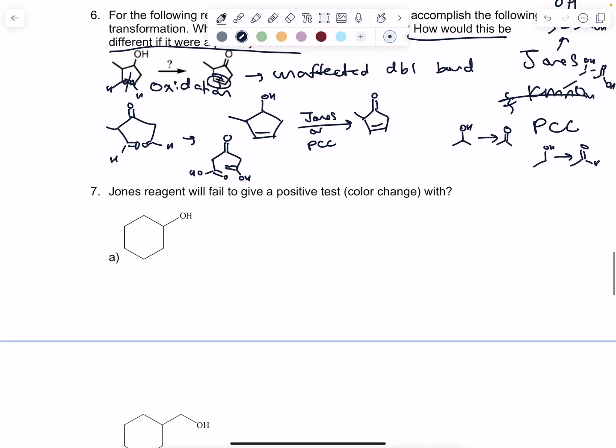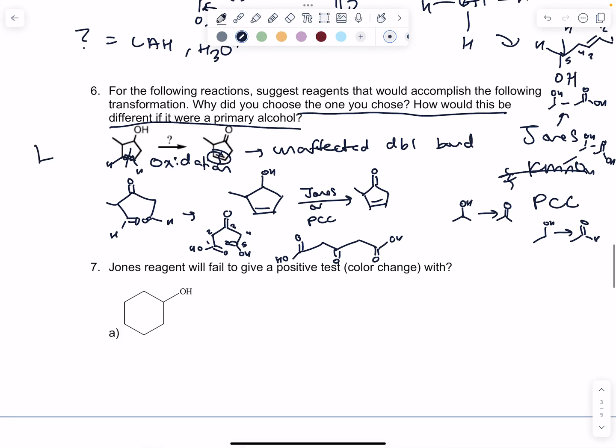So let's see, 1, 2, 3, 4, 5 carbons. So your final answer would be 1, 2, 3, 4, 5 carbons with carboxylic acid on either side, and on carbon 3, a ketone. So that's a way to stretch your thoughts further.